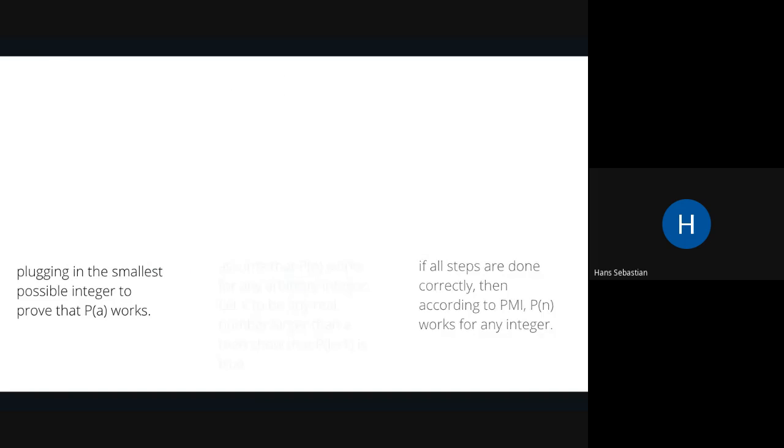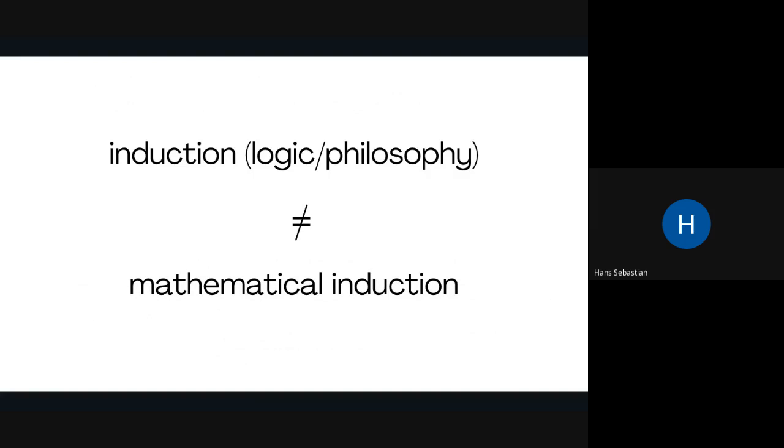Okay, here's the thing that I wanted to talk about. Although mathematical induction seems like it employs the tactic of analyzing specific observations, which would be proving the base case and the next integer, and drawing a general conclusion that the whole function works for an infinite set of integers, it's not actually the same as induction in philosophy. This is the part I missed in my video, and it's actually pretty important.